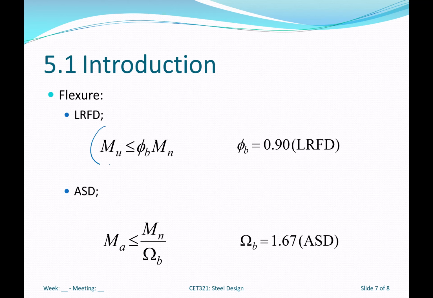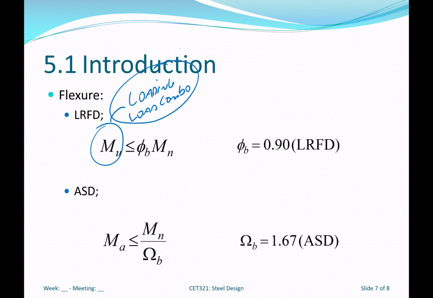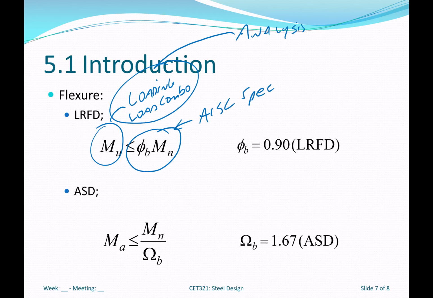Okay, so ultimately we get to this. This we're going to get from loading, right? This comes from loading and load combinations. So this is analysis, and I should really say both of these are from the AISC spec. Okay, you can see our strength reduction factor is still pretty high, 0.9.